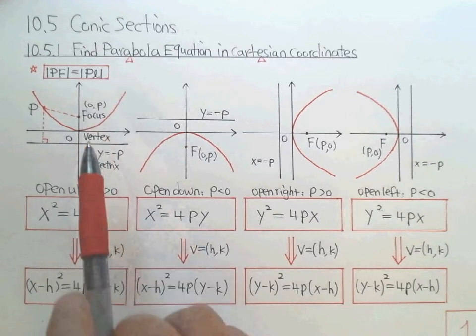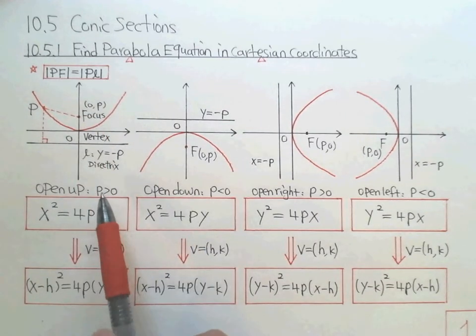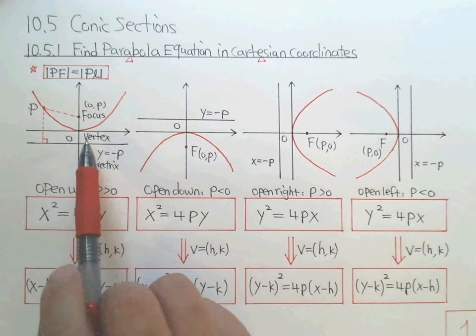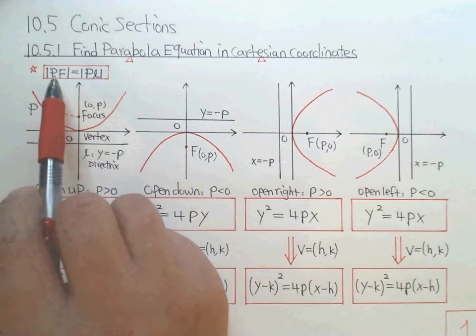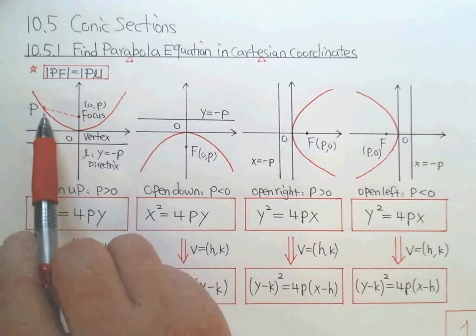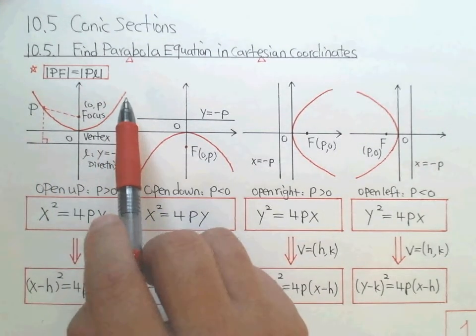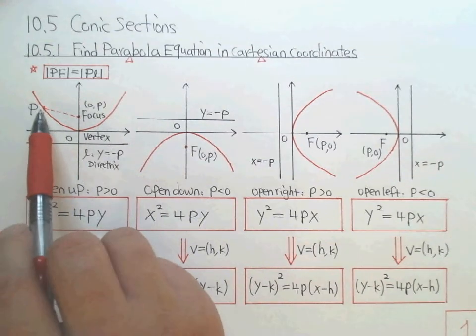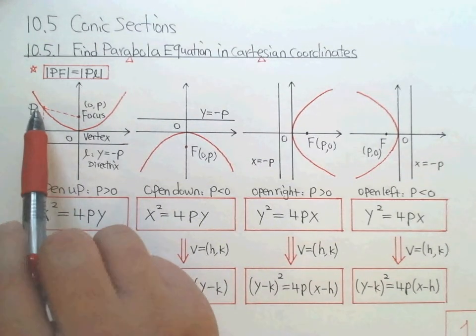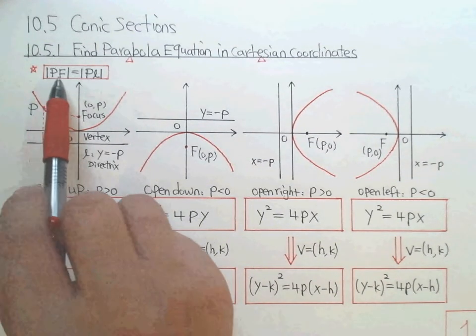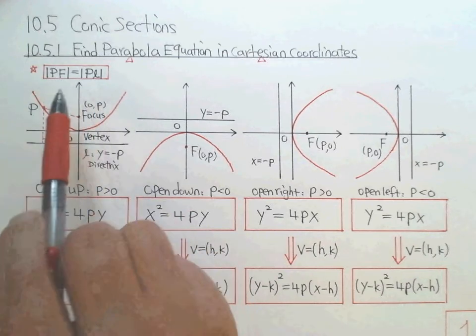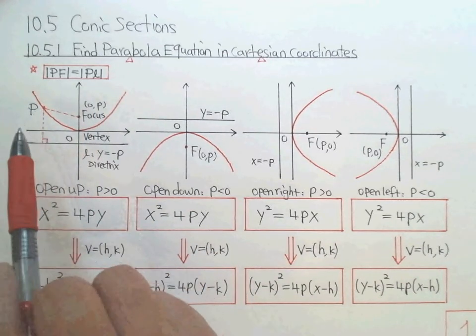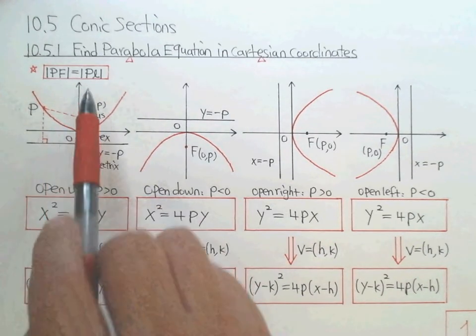We define it this way, and then we use this definition for all the points on the curve of the parabola. If the point P is on the graph, the distance from P to the focus, PF, equals the distance from the point to the directrix, PL, if I say the directrix is L.